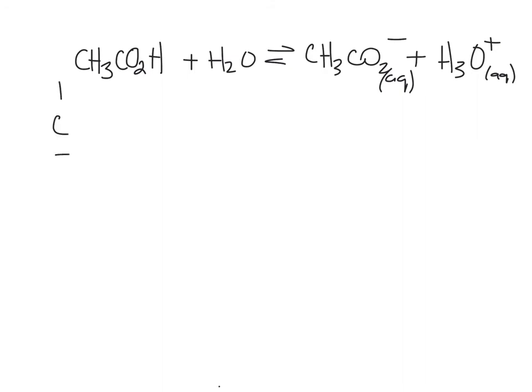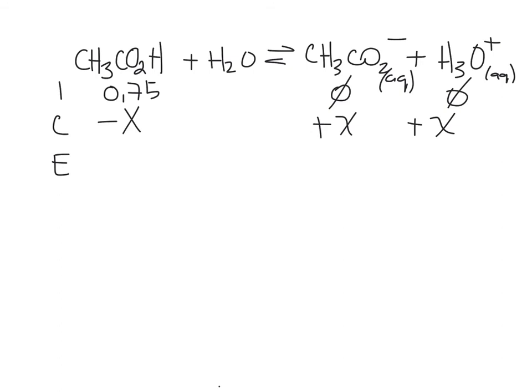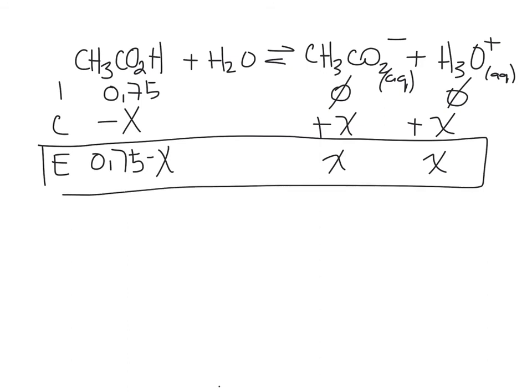So we're going to have an ICE table again. We've got 0.75 moles per liter acetic acid initially. We have no products because it's initial. It goes through a change, and then at equilibrium, we would have this amount present. So now what we need to do is set up our K expression and solve for x.